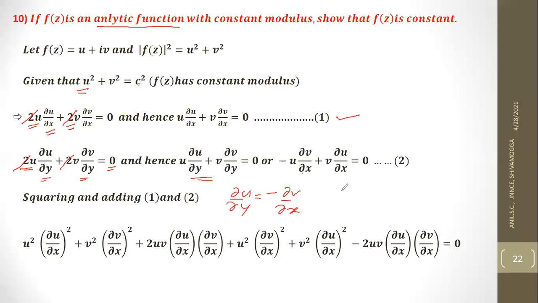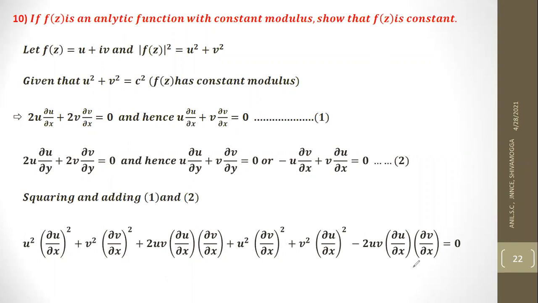We know that del u by del x is equal to del v by del y, the first CR equation. Substitute del v by del y as del u by del x. Let this be equation number 2. Now all the derivatives are converted into derivatives with respect to x only.